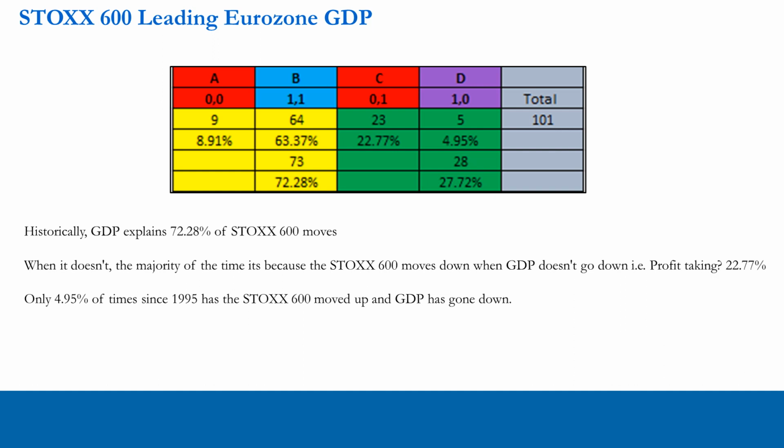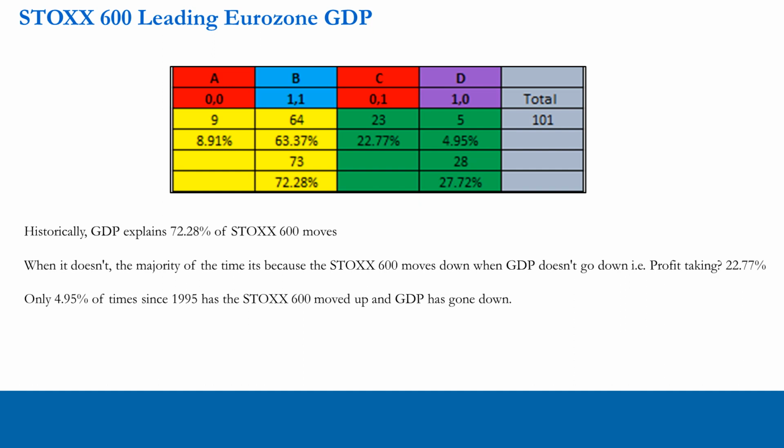Well, when it doesn't go in the same direction, the majority of the time, it's because the Stoxx 600 moves down when GDP goes up. So we have a 0, 1 situation. And this happens 23 cases out of 101 cases. So for 23 quarters out of our 101 quarter data set, which basically is 22.77% of times. And we attribute this to the market getting ahead of itself.